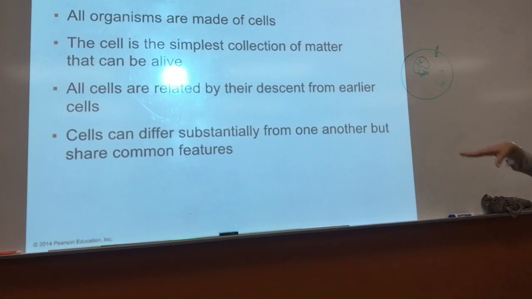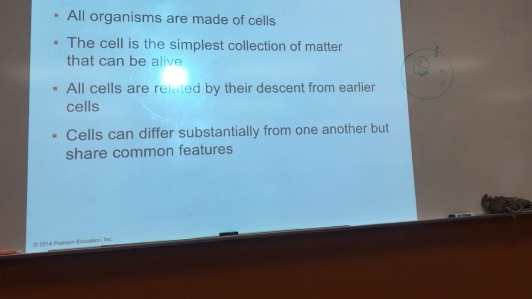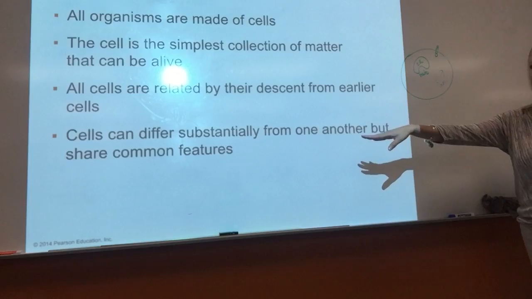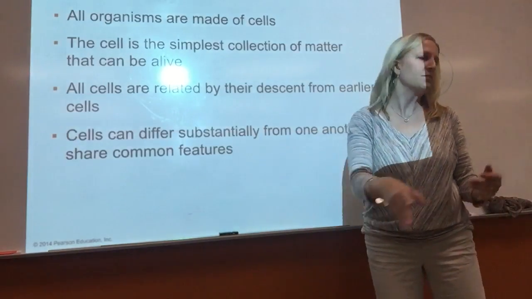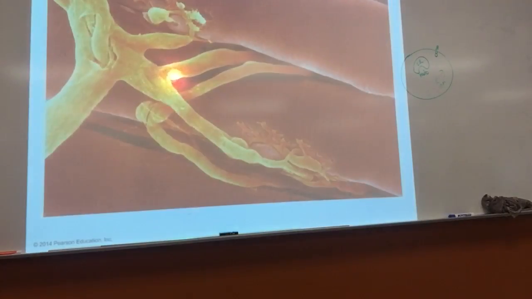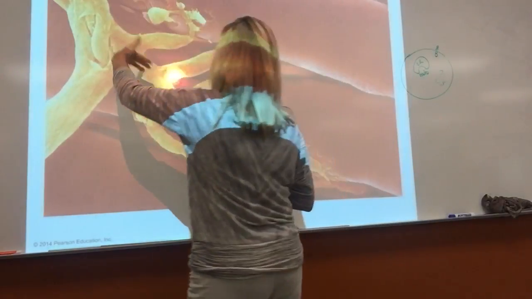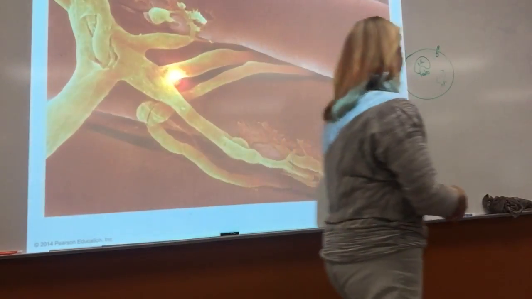And so also cells can differ from one another, but share common features. This picture here illustrates that. This picture here is two different types of cells. This is the tail end of a neuron. A neuron kind of looks like this.